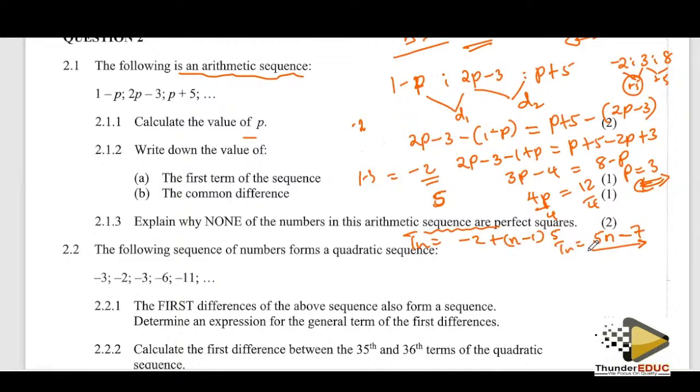Now, whenever we talk about perfect squares, these are numbers that are basically going to end with 0, 1, 4, 5, 6, and 9. Okay, in other words, perfect squares end with that set of numbers.